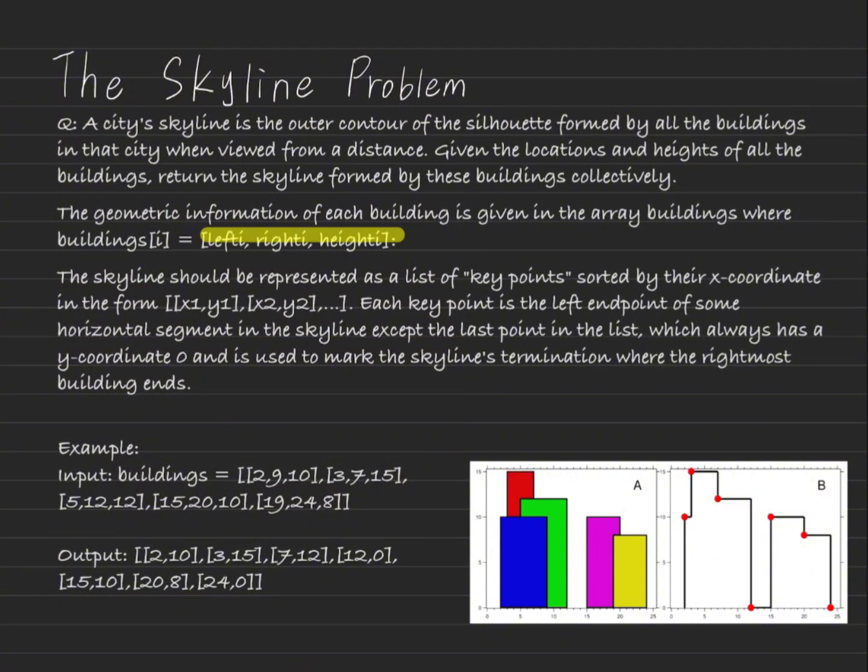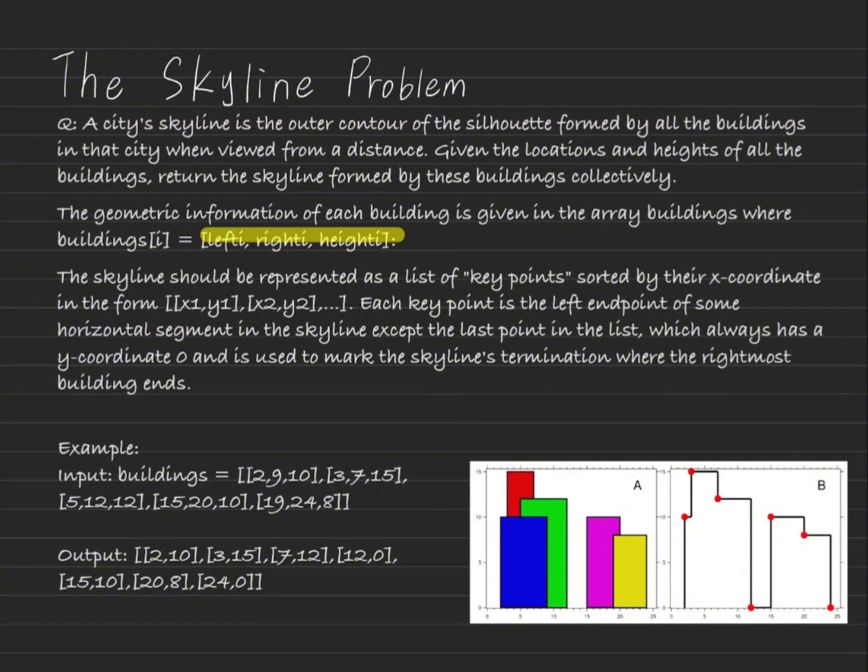The skyline should be represented as a list of key points sorted by their x-coordinate in the form of x1, y1, x2, y2, etc. Each key point is the left endpoint of some horizontal segment in the skyline, except the last point in the list, which always has a y-coordinate 0 and is used to mark the skyline's termination, where the rightmost building ends.